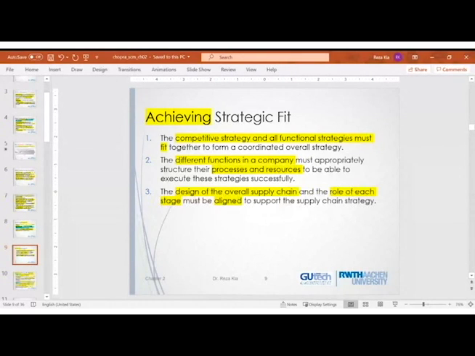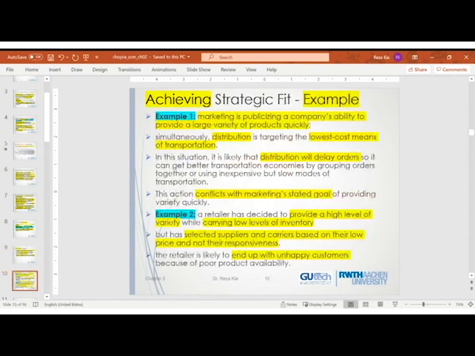To match between customer priority and supply chain capability, the competitive strategy and the supply chain strategy should be coordinated with each other. Okay, here I just mentioned two examples of how we can get to a strategic fit.